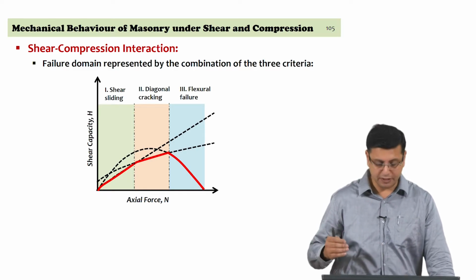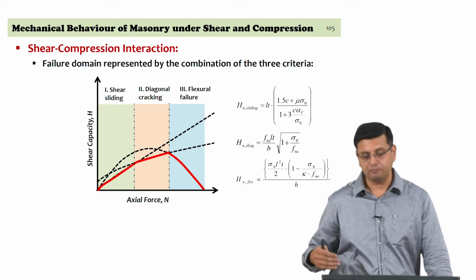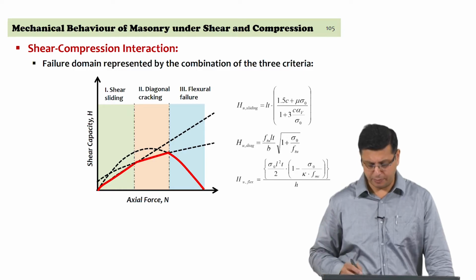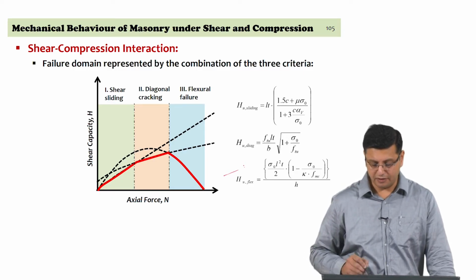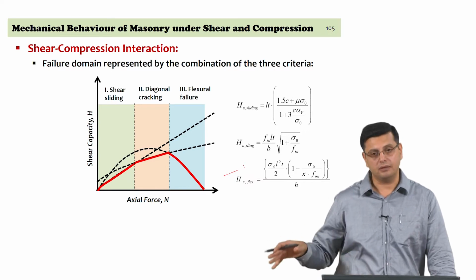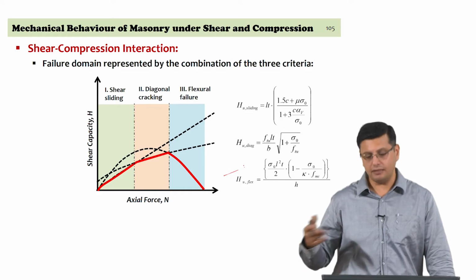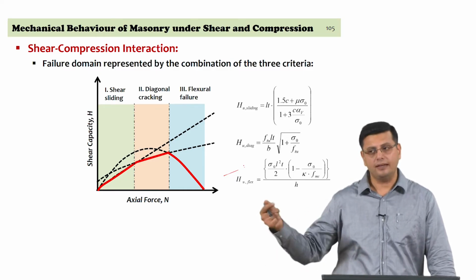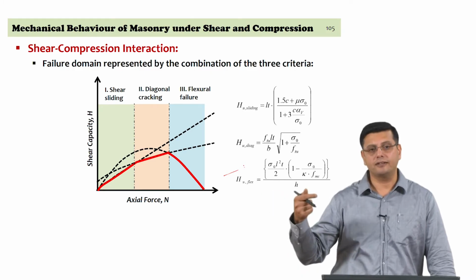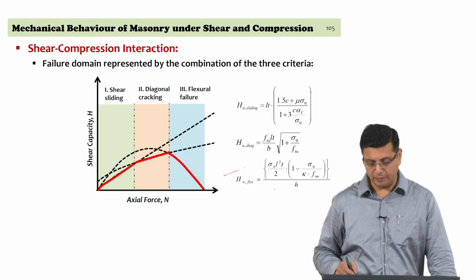We developed expressions for each of these. If you remember, the expression dealing with the flexural compression mechanism is estimated based on the ultimate moment capacity, and then knowing the geometry of the wall you can express it in terms of the ultimate lateral force H required for developing the flexural mechanism.